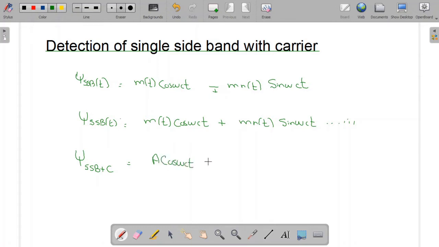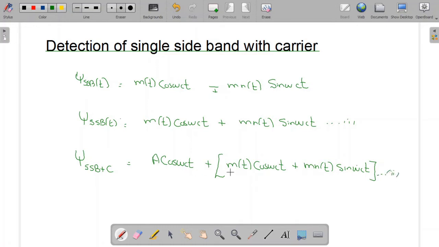So this will be A cosine omega ct plus this term, which is m of t cosine omega ct plus m h of t sine omega ct. Let me name it as equation 2.